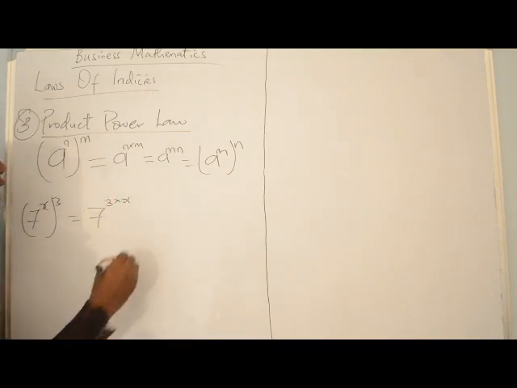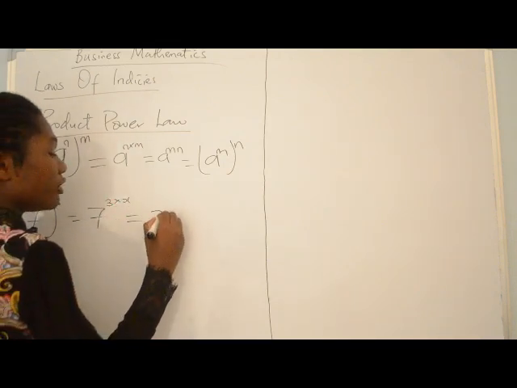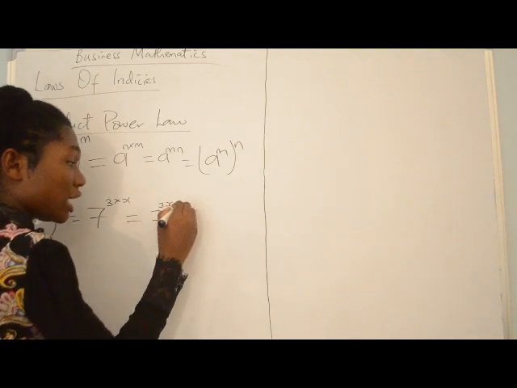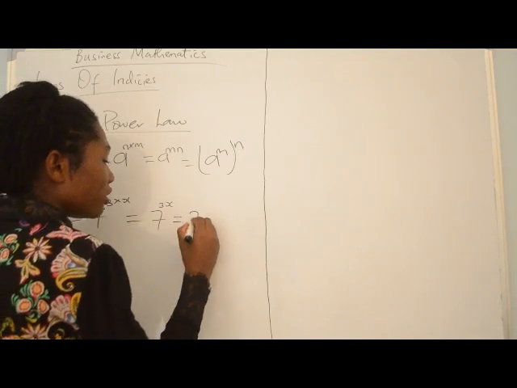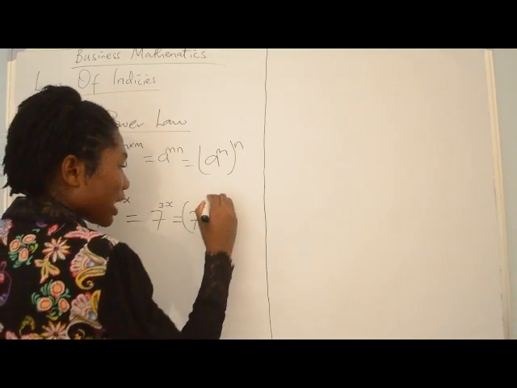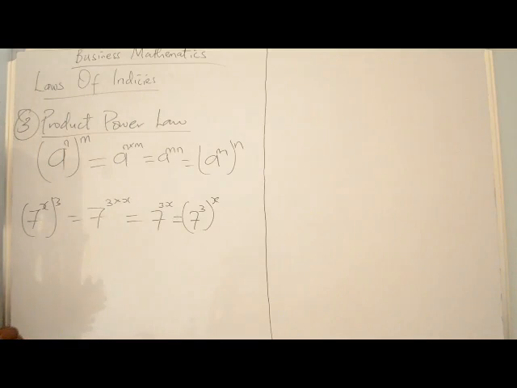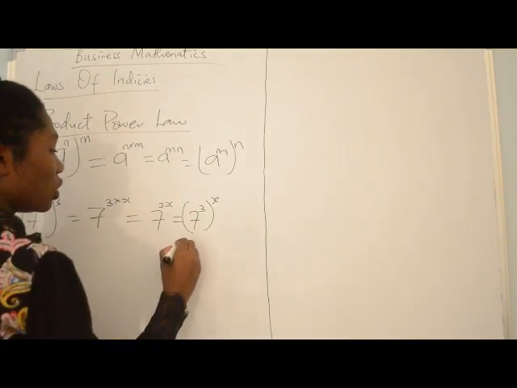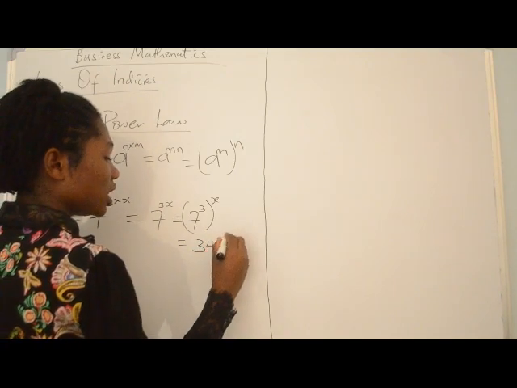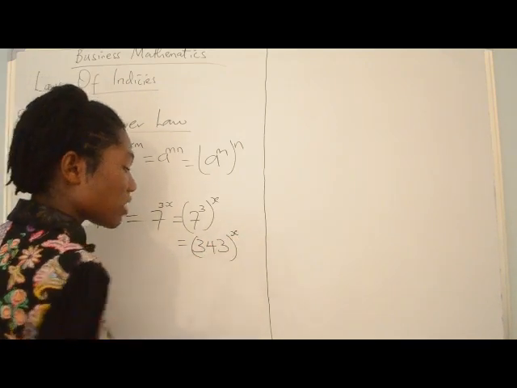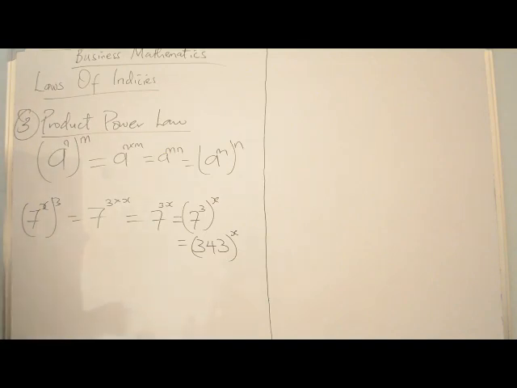That will give us 7 raised to power 3x, or if you want, you can also swap it to become 7 raised to power 3, all raised to power x. And 7 raised to power 3 gives us 343, so we'll be having 343 raised to power x. So these are simple expansions, or if you want to call it, simplifications.